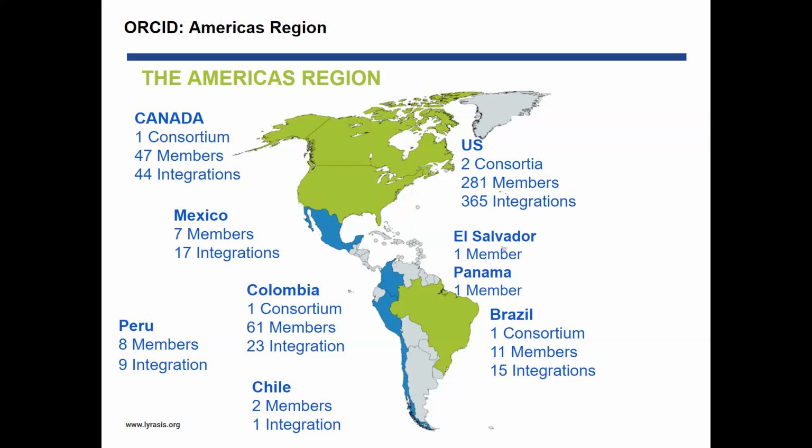We have another consortium in Colombia with 23 integrations, most of them with the OJS system, Open Journal Systems, and the affiliation manager. And we have some direct members in Chile, Peru, Mexico, and now also in Central America, in El Salvador and Panama. And next slide, Sheila, please.